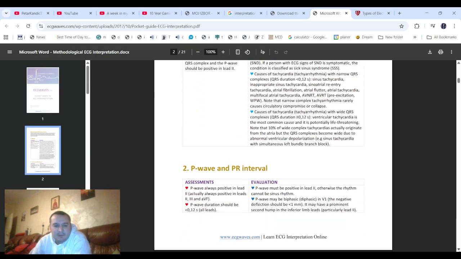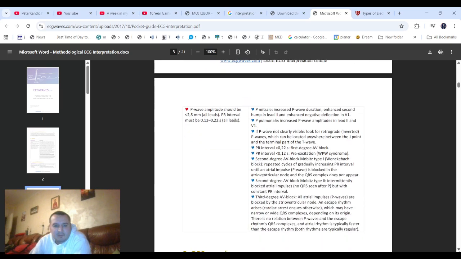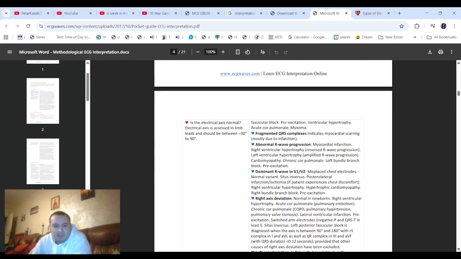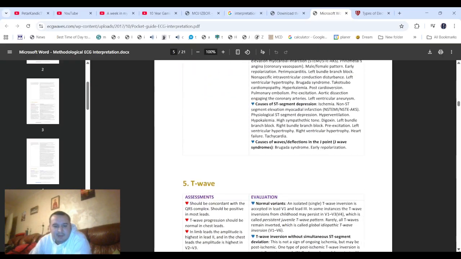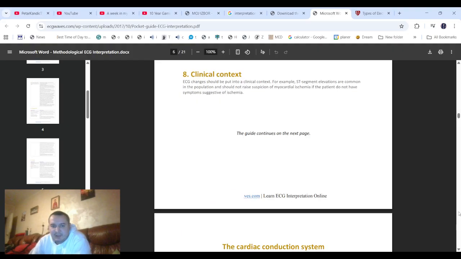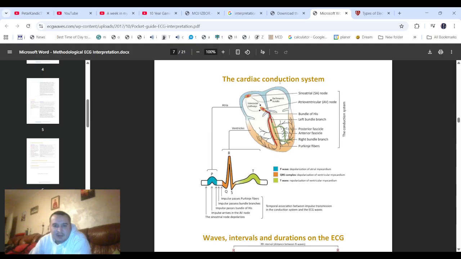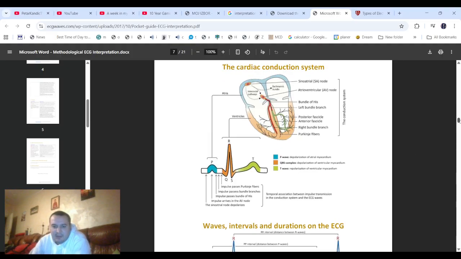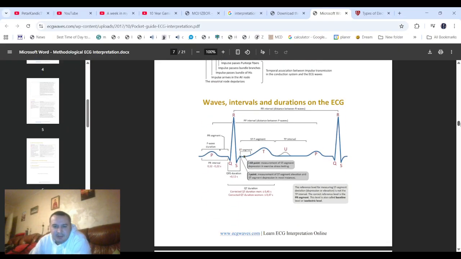Rhythm, P wave and PR interval, QRS complex, ST segment, T wave, QTc interval, the cardiac conduction system, waves, intervals, and durations on the ECG.